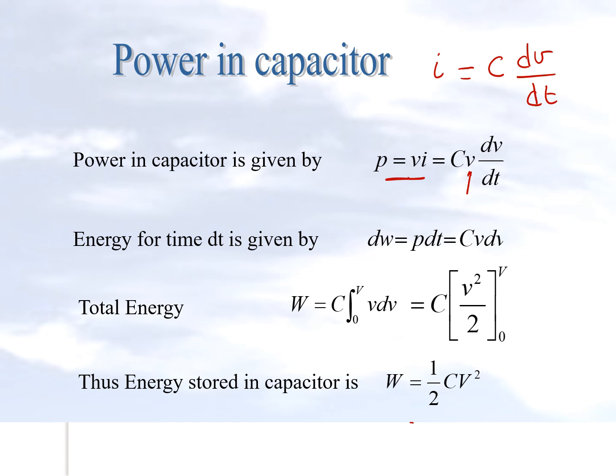Okay, we know that the power is the rate of change of the energy, so the rate of change of the energy would equal C V dV. Integrating that to get the energy would end up with this equation here. So the total energy stored in a capacitor is equal to 1/2 C V square, where V here is the voltage across the capacitor.